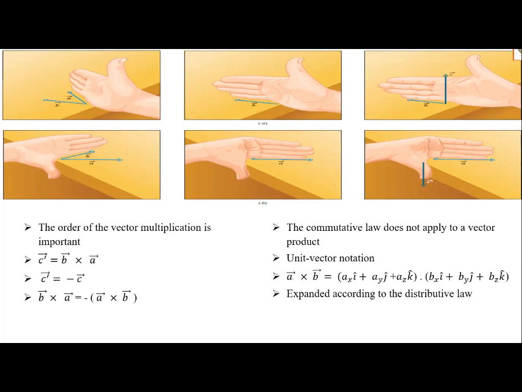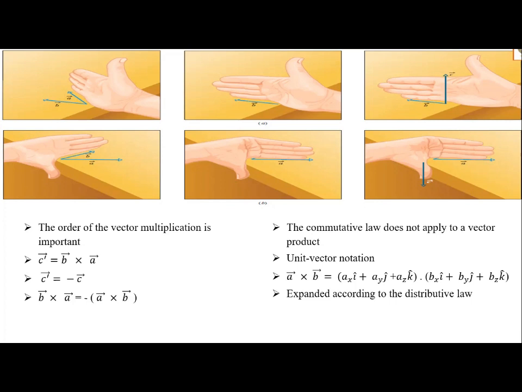The order of the vector multiplication is important. In figure B, we are determining the direction of C prime equal to B cross A. So the fingers are placed to sweep B into A through the smaller angle.